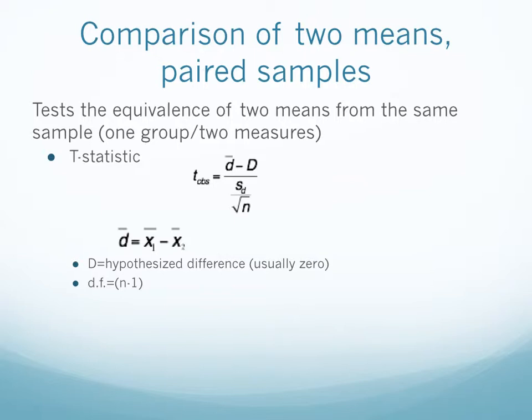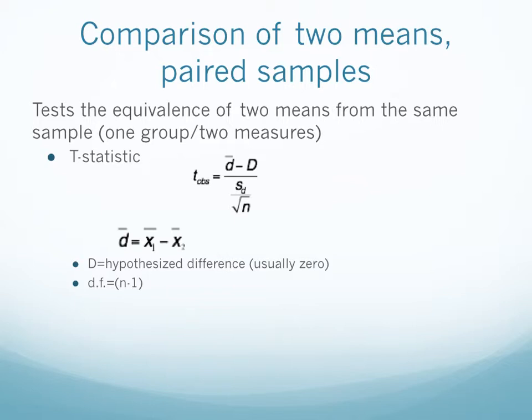So if John, for example, uses the high end of the scale, then his scores might be 6 and 7, and if Mary uses the low end of the scale, then her scores might be 2 and 3, and we don't average those scores. We take advantage of the fact that we know the same person gave us both scores. So a paired samples t-test tends to be more powerful than treating the scores as if they came from different samples.